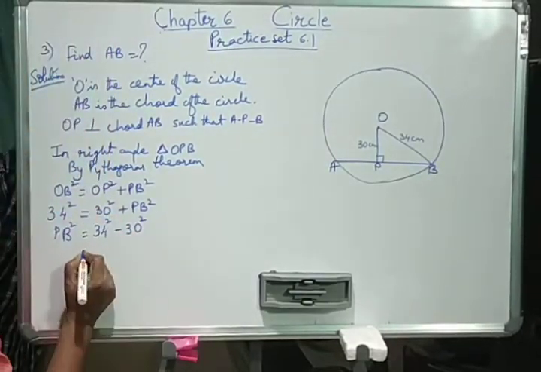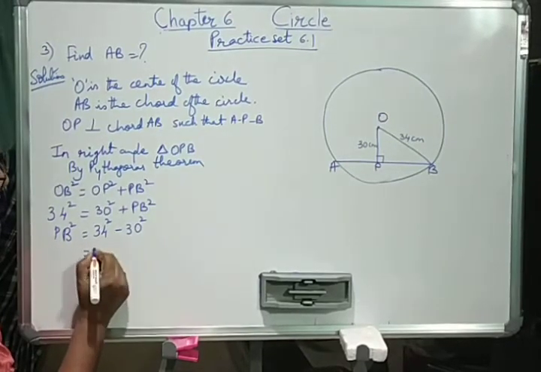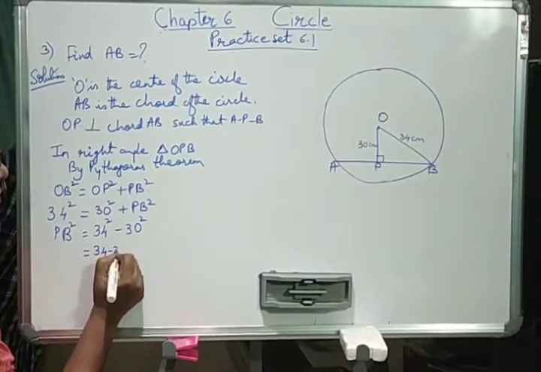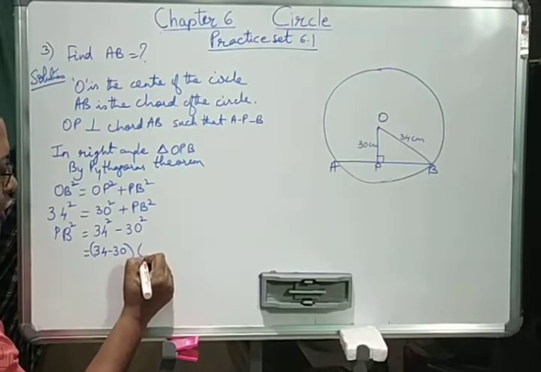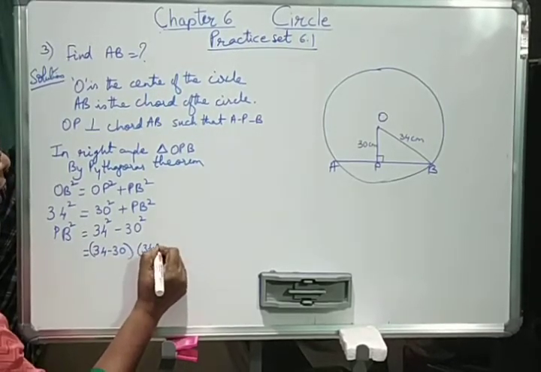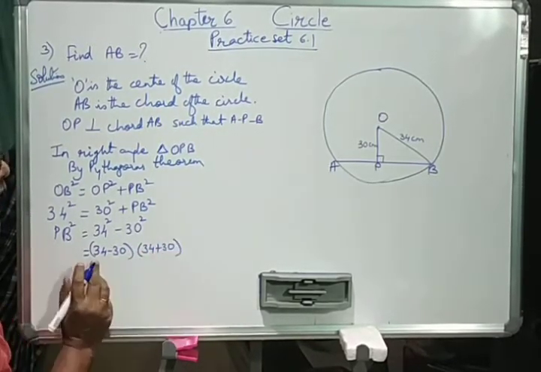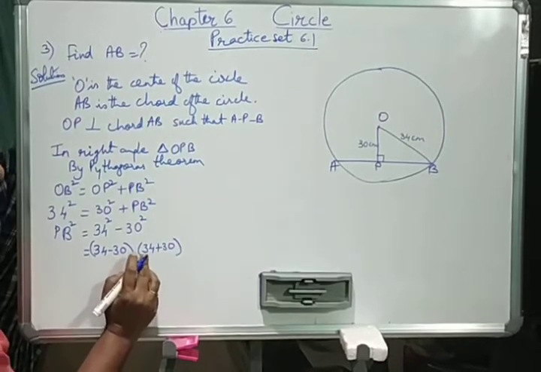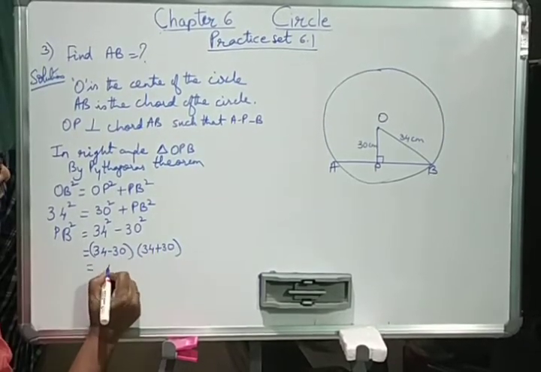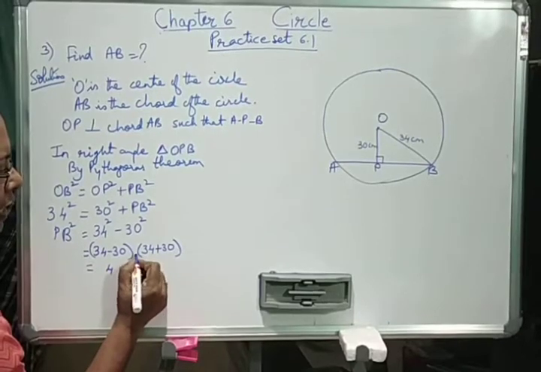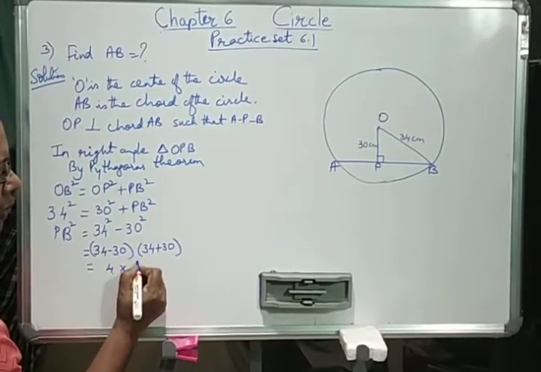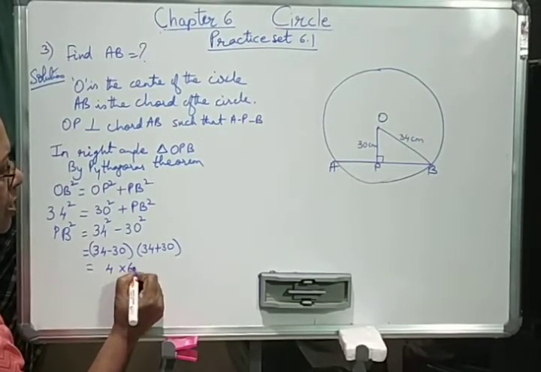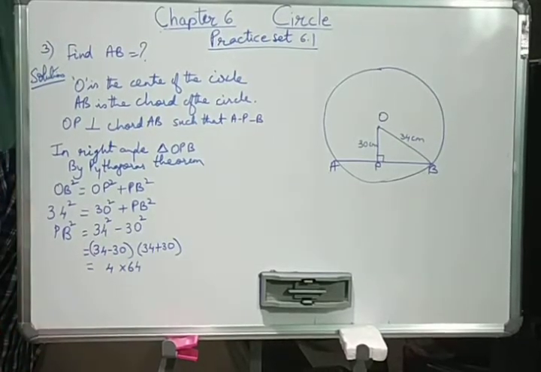Right? So it is 34 minus 30 into 34 plus 30. So it is A minus B into A plus B. So this will be 4, this indicates multiplication sign bracket, and this will give you 64.